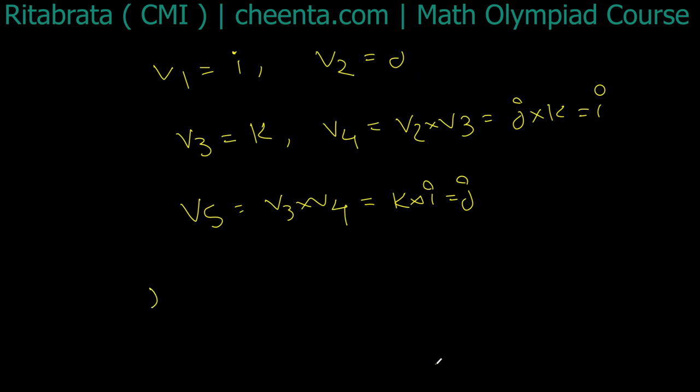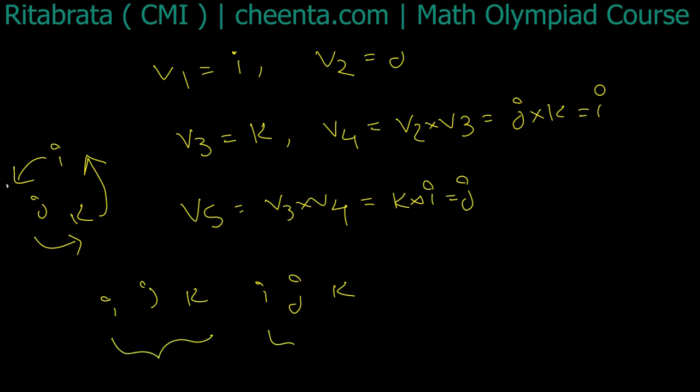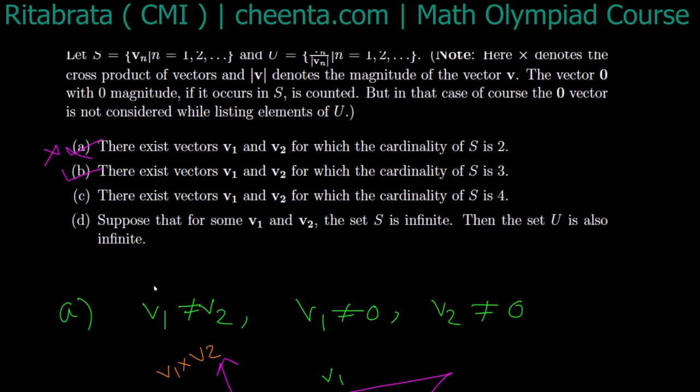So the sequence goes i, j, k, and so on, because i cross j is k, j cross k is i, k cross i is j. It's in cyclic order, the cycle repeats: ijk, ijk, ijk. So we have exactly 3 distinct terms. So this is possible. Part A is false, part B is true.